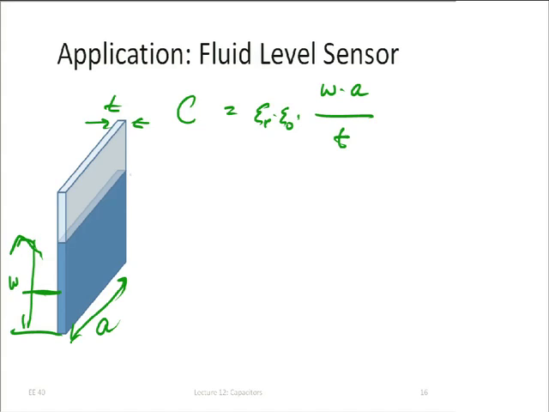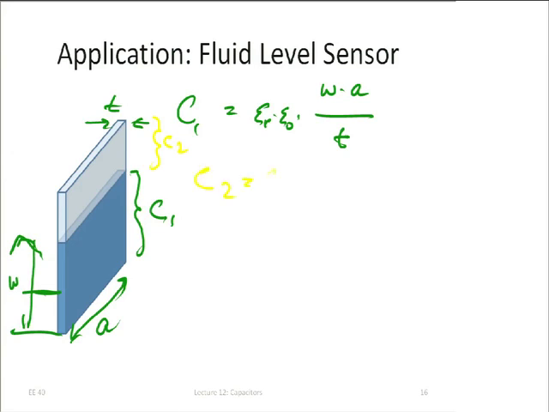So now, there's the capacitance C1 of the part that has fluid in the middle. And then there is also capacitance C2, that's the capacitance of the part that doesn't have fluid there.